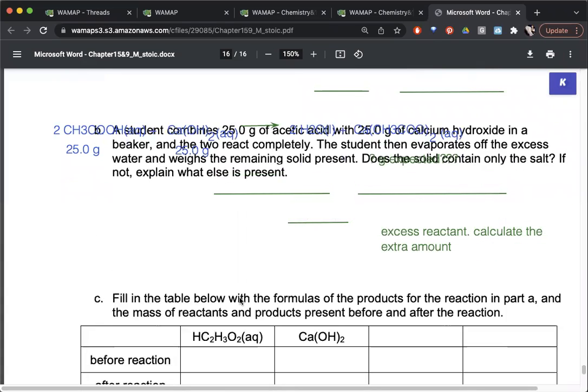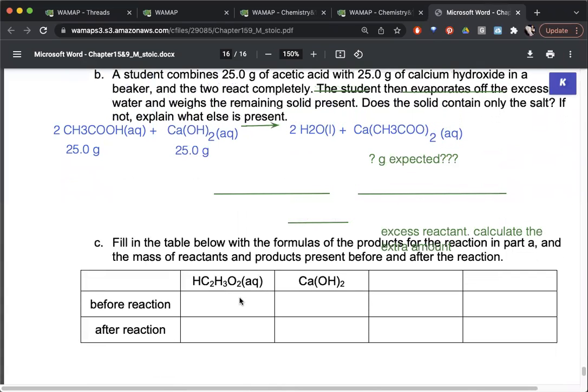Okay, so let's run the limiting reactant problem as outlined. So two parallel calculations. Pick the one that produces the smaller amount. Okay, so pause the video and work ahead on that.